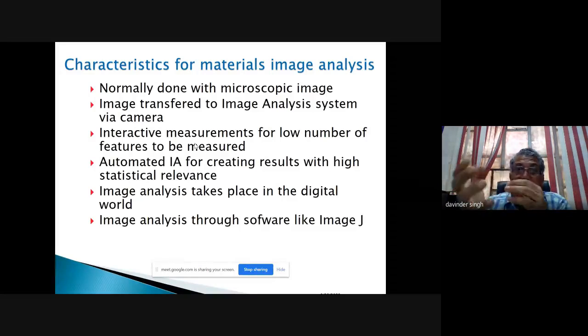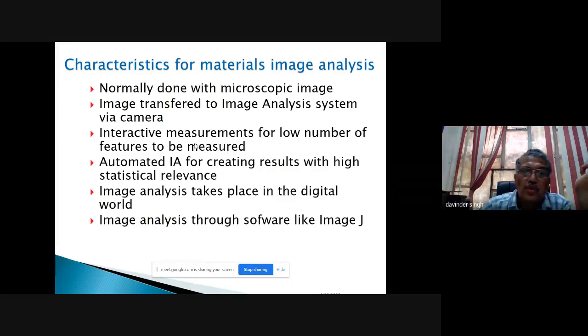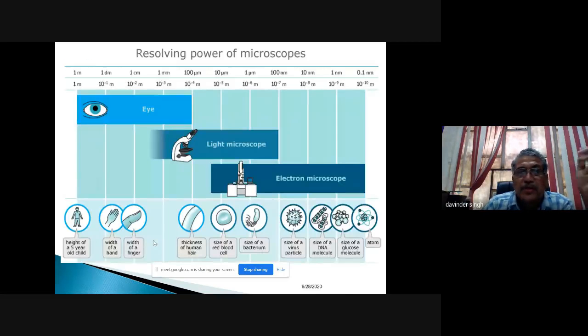So definitely you need the digitized image, and then you have to analyze it. There is a lot of software through which you analyze the pictures. Just ImageJ is one example we use all the time, or QWin Plus software is also there.